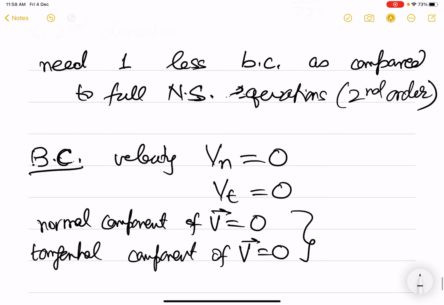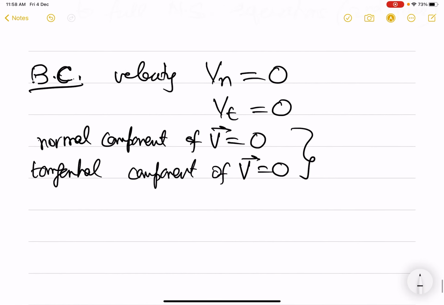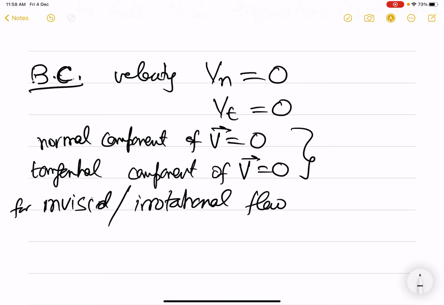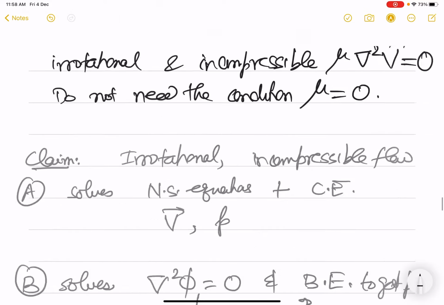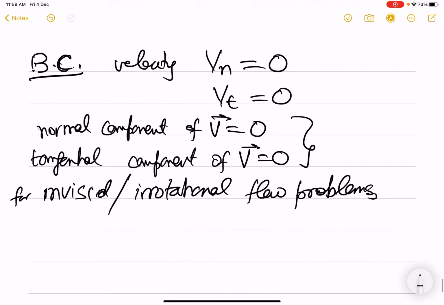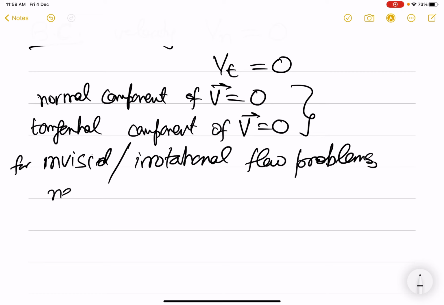So when we solve inviscid and or irrotational problems, we need to relax or reduce one boundary condition.